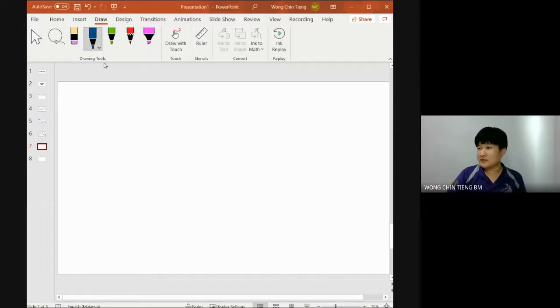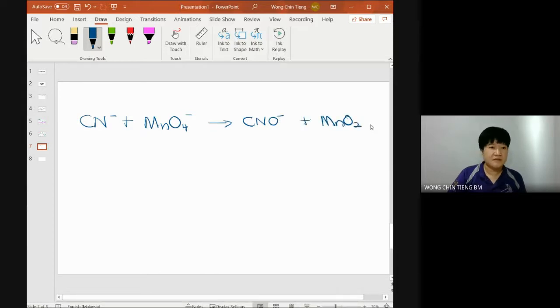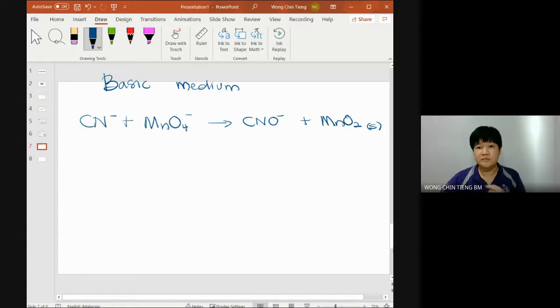Basic medium ya. Saya bagi face siap-siap. Untuk yang ni, yang lain kamu patut tahu. Yang ni saya bagi face. And I want basic medium. Jawab sekarang.